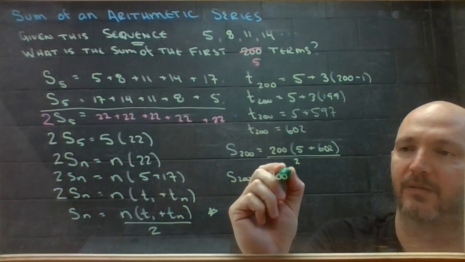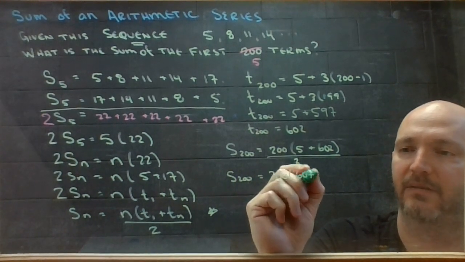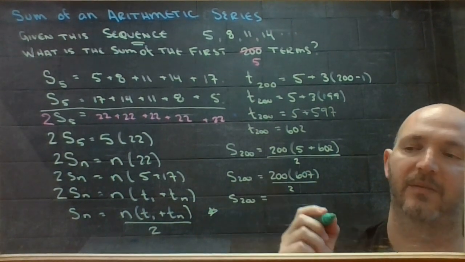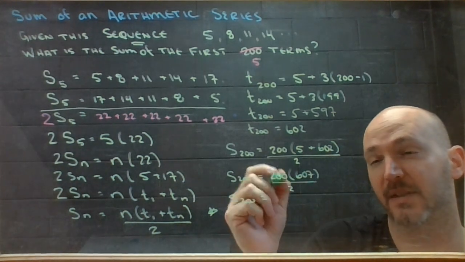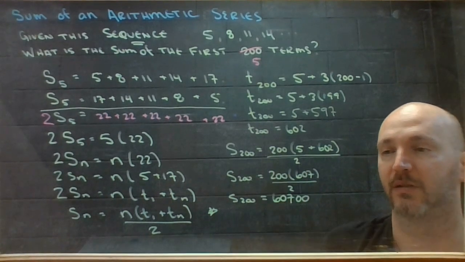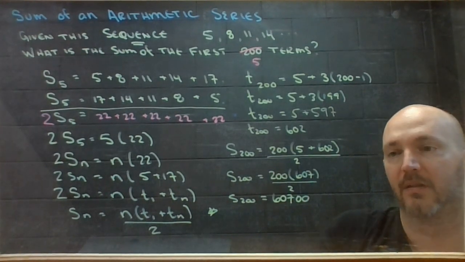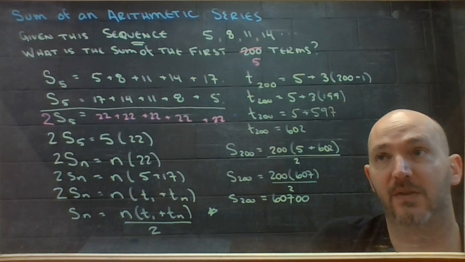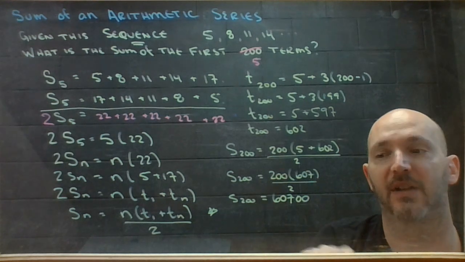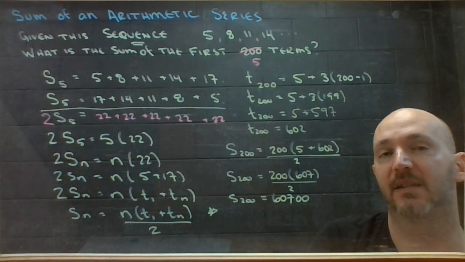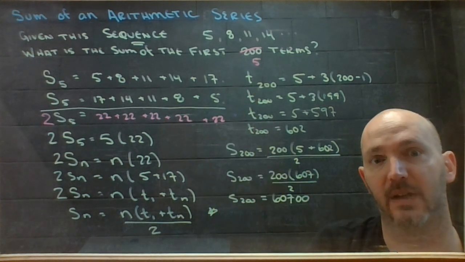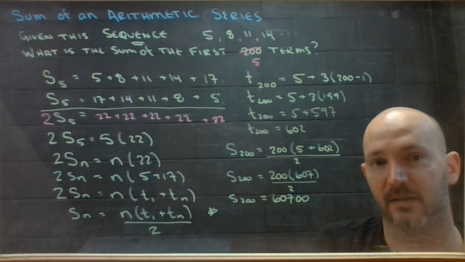That's 200 multiplied by 607. 200 divided by 2 is 100, and 100 times 607 would be 60,700. So if I were to take the first 200 terms in this sequence that started at 5 and jumped by 3 each time, and I added them all up, they would add up to 60,700. And I got that answer without actually having to do that enormously obnoxious addition sequence.